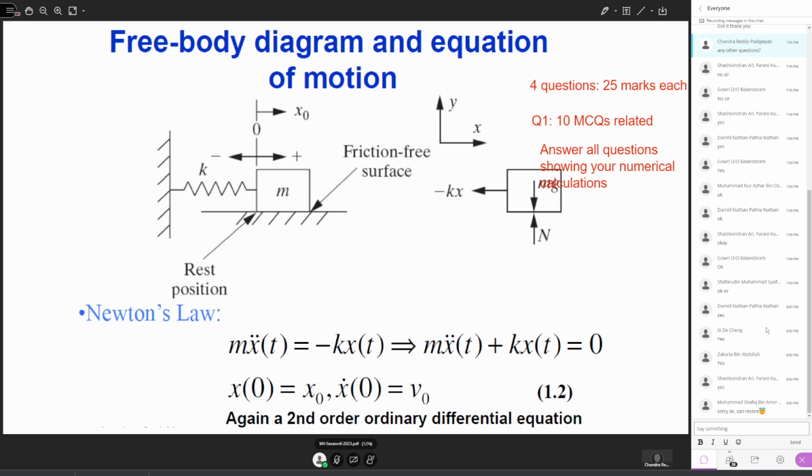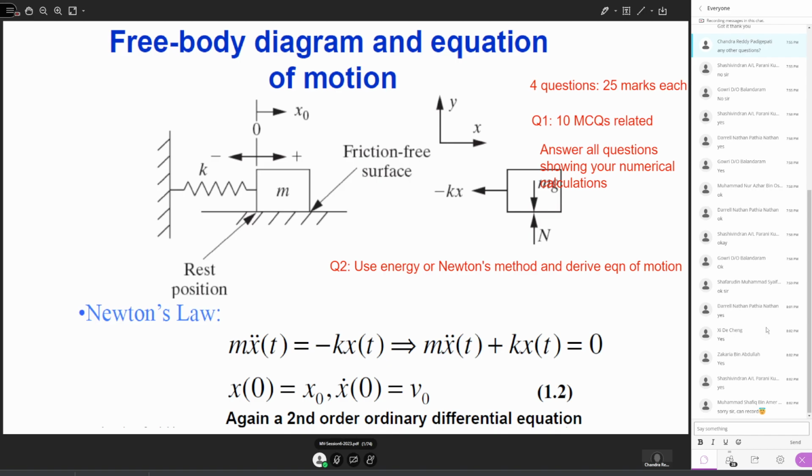Okay, so this will be question 2, and question 3 will be related to the mass and spring system. Okay, where you need to get the response, so free vibration response of the system. So Q3 will be free vibration.